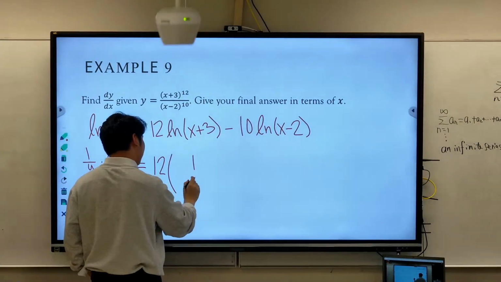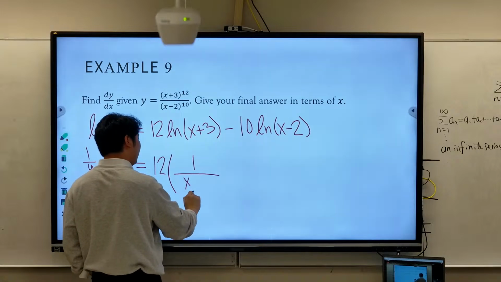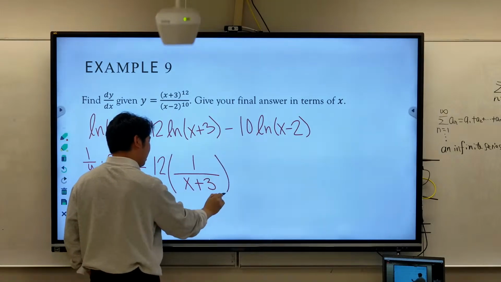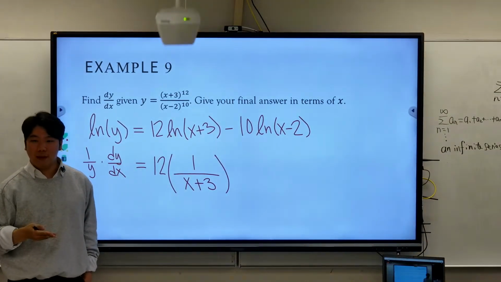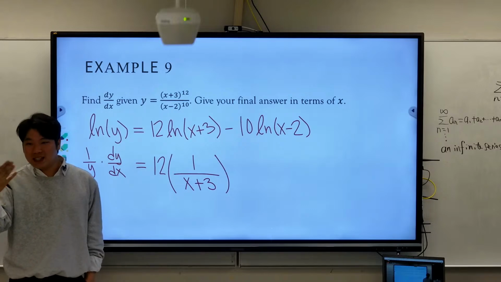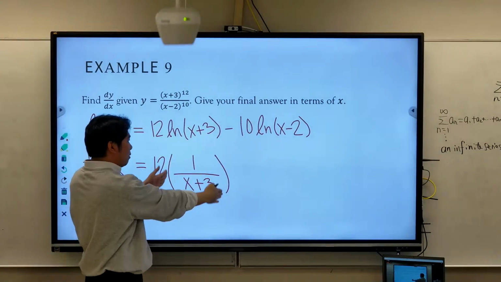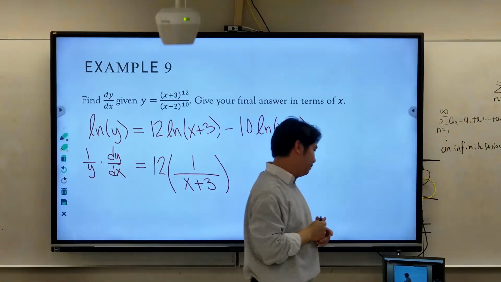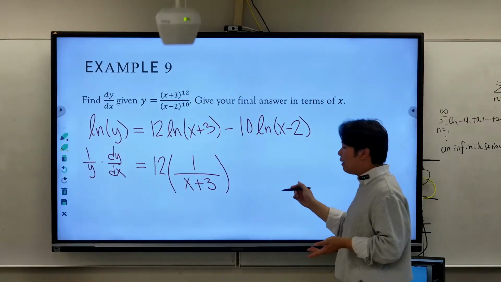There's a 1 in there. 1 over what? 1 over x plus 3. And then technically by chain rule, I need to multiply by the derivative of x plus 3. Derivative of x plus 3 is 1, so I'm not going to bother writing times 1 again. So this is the derivative of my first term here. And now I'm going to do the same thing for this right side.